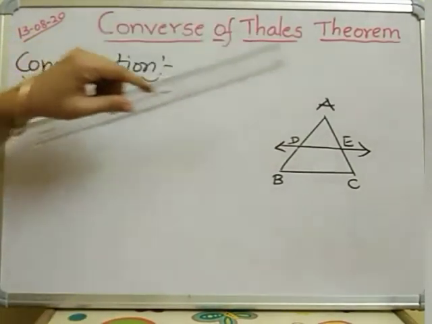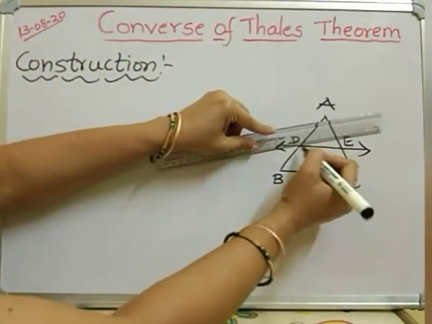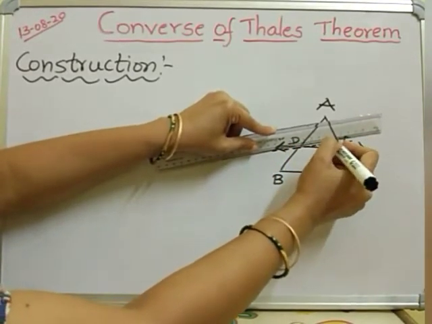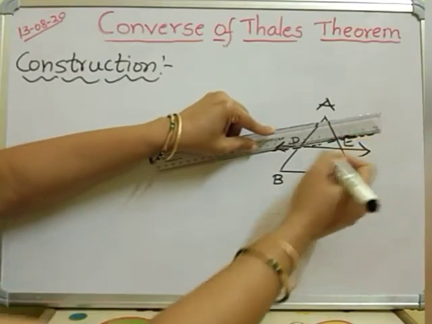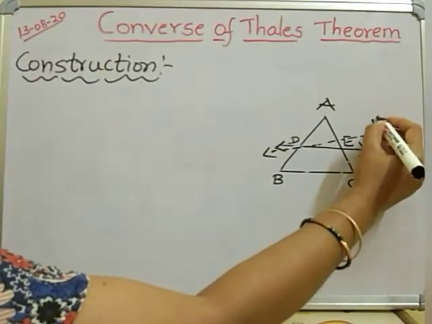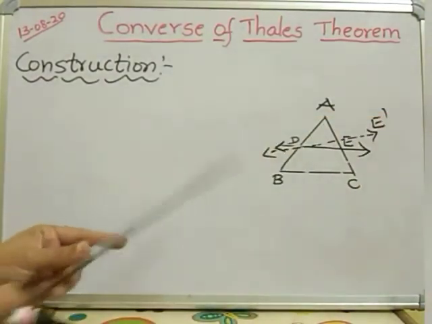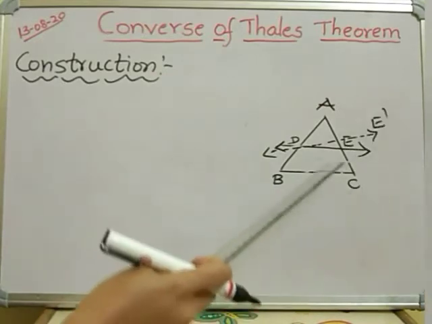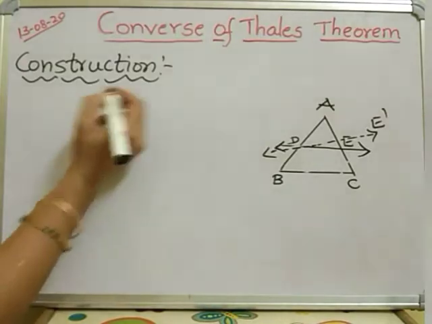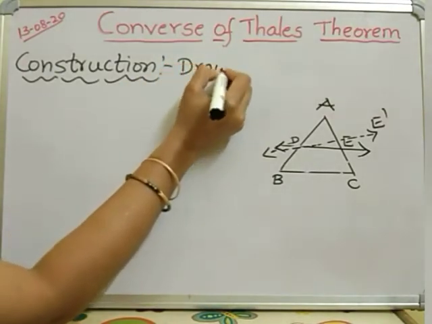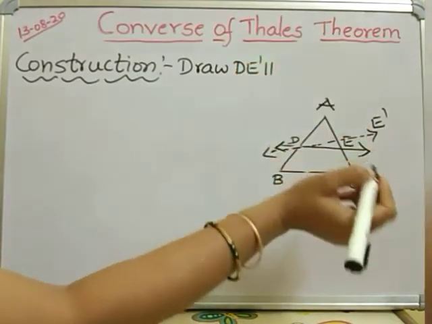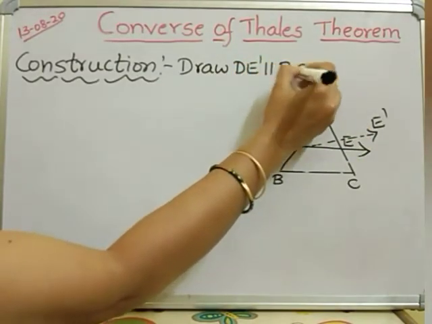So through D I am going to draw another line, and I am naming that line as DE dash. So DE dash is parallel to BC. So I am going to write here, draw DE dash parallel to BC.